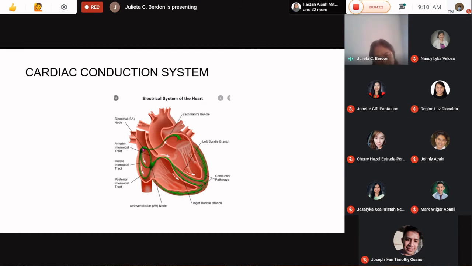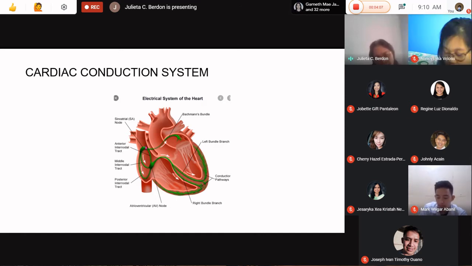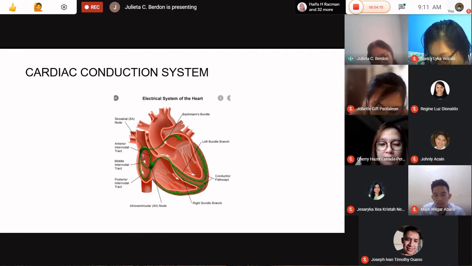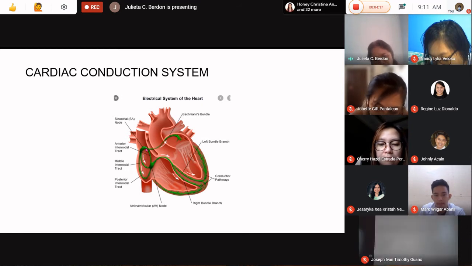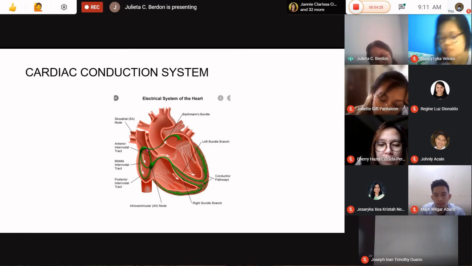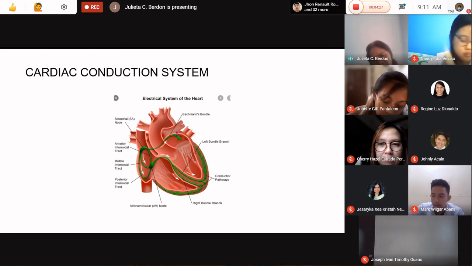It starts here and then spreads radially to the atria, and faster through the internodal tracts. And for the left atrium to be depolarized early so that they will be synchronized, there is the so-called Bachmann's bundle, which is the interatrial tract.